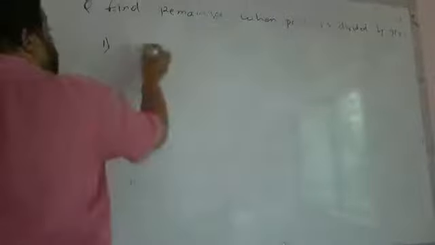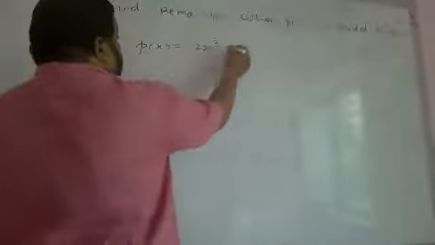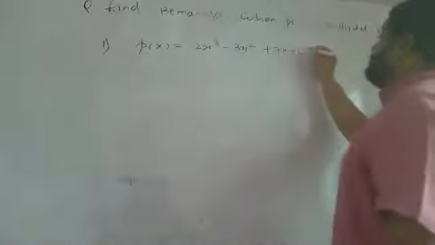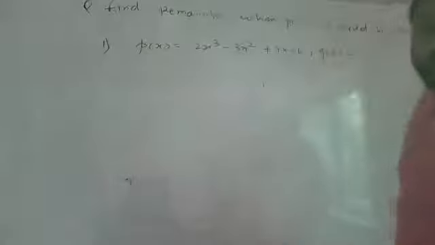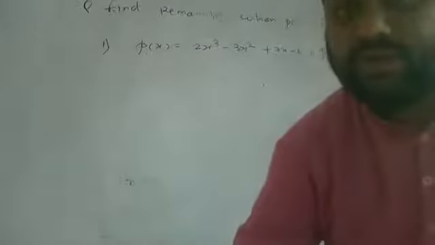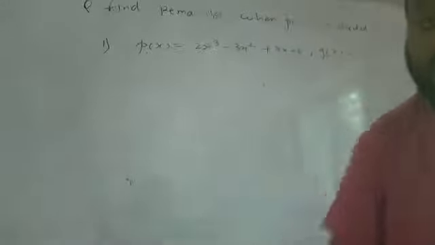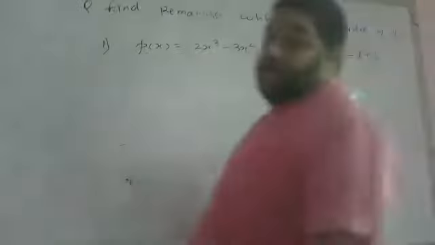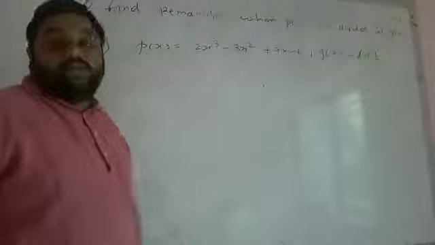The first question is, P of x is equal to 2x cubed minus 3x squared plus 7x minus 6, and g of x is equal to x plus 1. Now we need to find the remainder when P of x is divided by g of x.